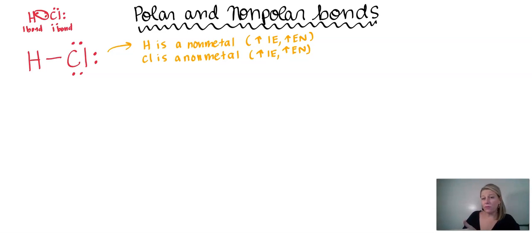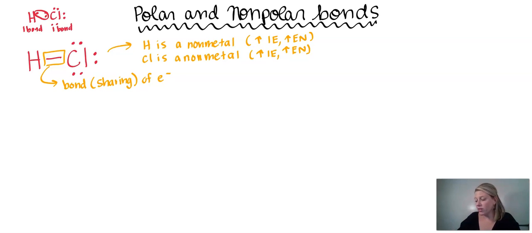Another way we can confirm that this is covalent is by this line. Remember, this line represents a bond, which is created from a sharing of electrons, our shared pair, or bonding pair, of electrons. So HCl is covalent for a variety of reasons. Two nonmetals that share electrons are the major reasons.